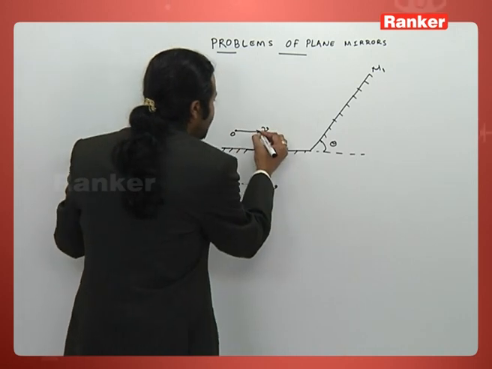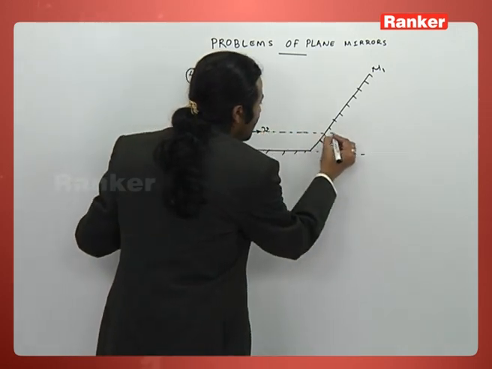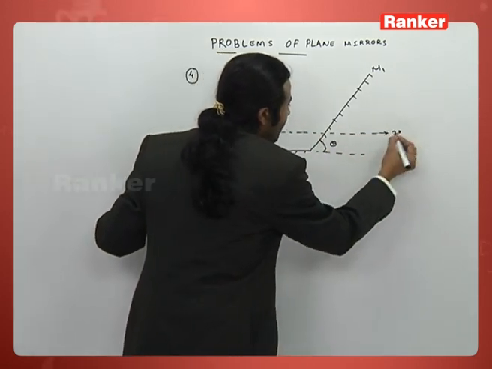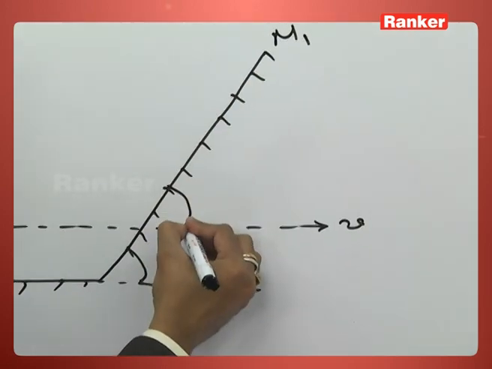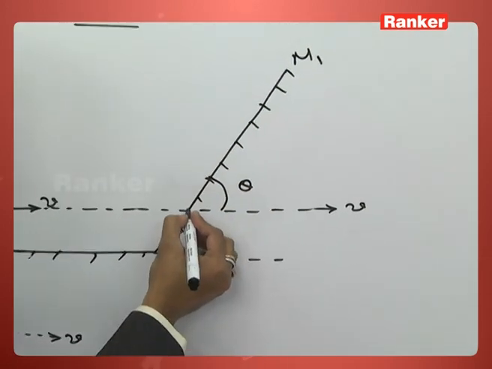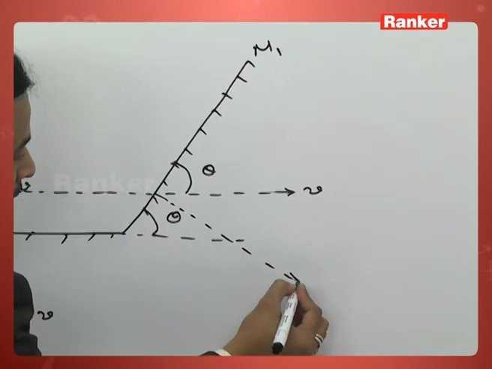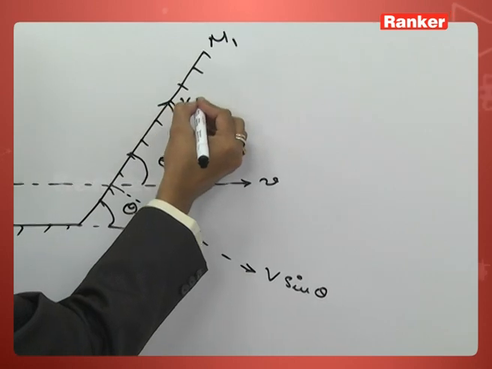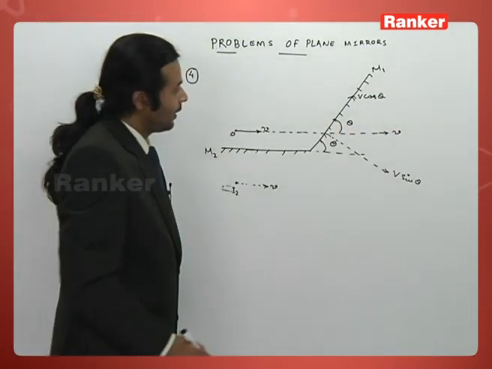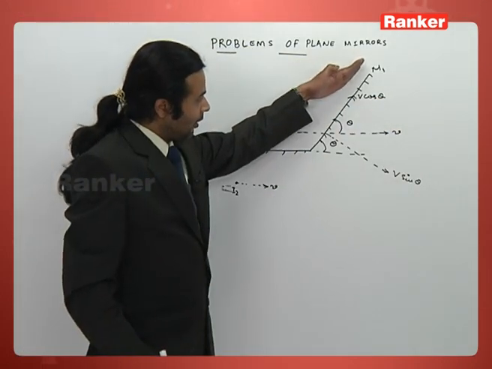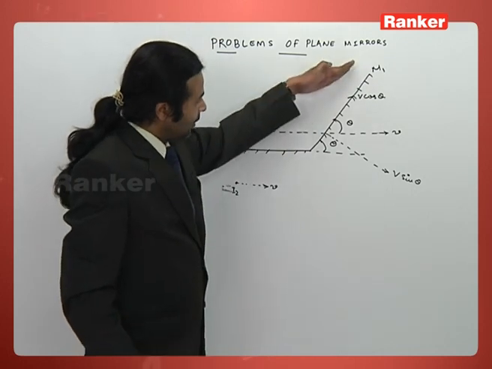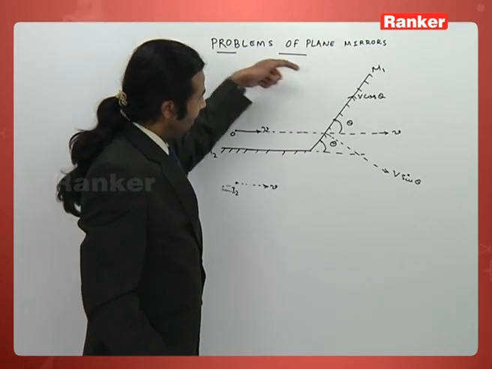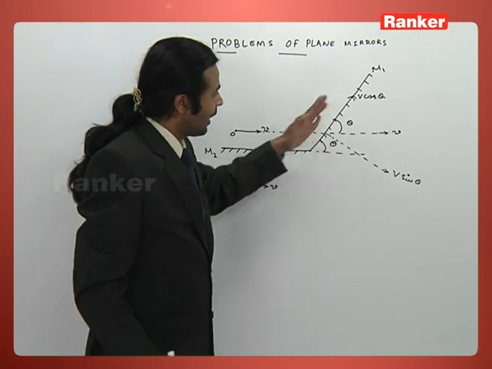That means if I extend the velocity in this way, this is v, obviously this is theta, this will be theta. So obviously this will be v sin theta and this will be v cos theta. That means the object will have v sin theta moving to mirror M1 in this way and v cos theta in this way.